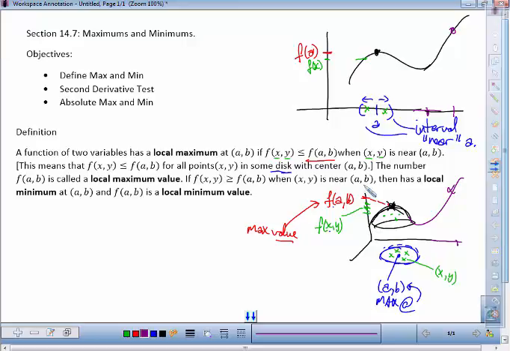But that's why this is called a local maximum, because within a small domain of it, that's the largest value. But outside of the small domain, you might get other maximums happening. So this is a definition for a local maximum. Okay?